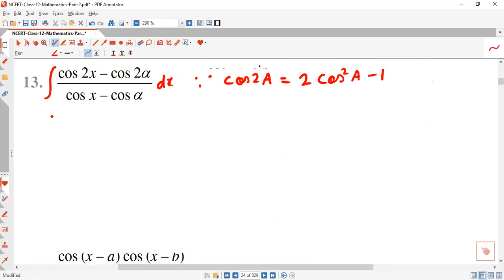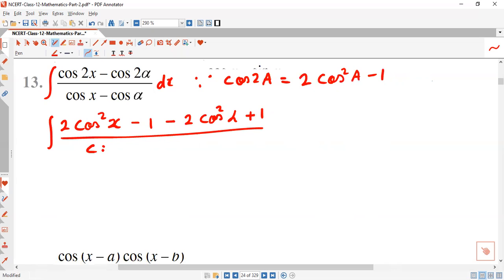Applying this formula here, we are getting 2 times cos square x minus 1. Minus sign is there, minus 2 cos square alpha plus 1, divided by cos x minus cos alpha dx.